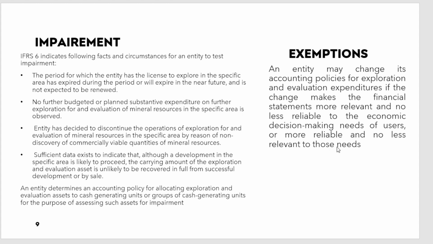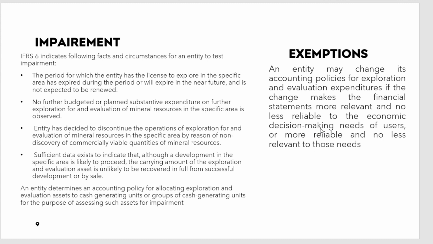Now we will talk about exemptions of IFRS 6. A company may change its accounting policy for exploration cost only if the financial statements become more reliable and reliability is not reduced, nothing more or less.